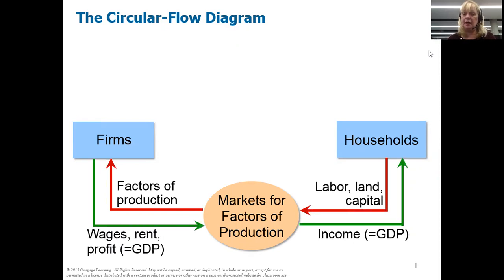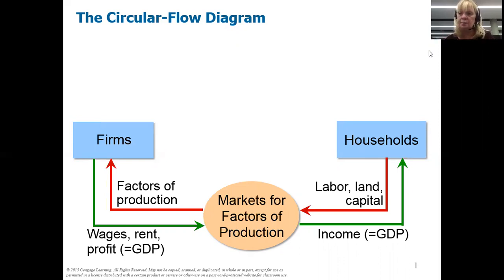When firms buy them, they pay those households. They pay wages for the labor, they pay rent for the land, and they pay profit for the capital. If you're invested in a company, you're going to get part of the profits. So now those wages, rent, and profit come back to the households as income.